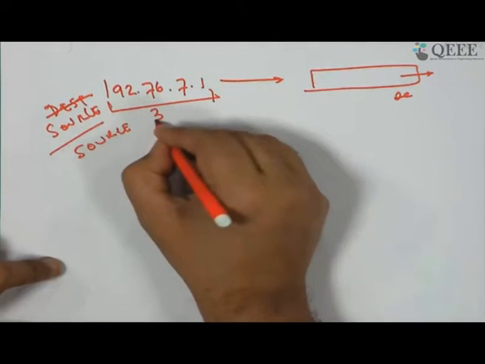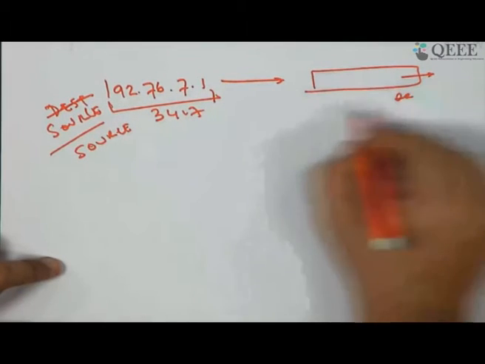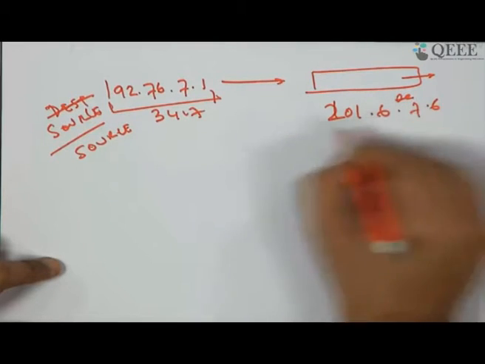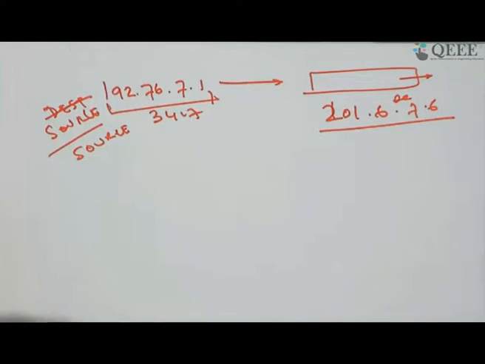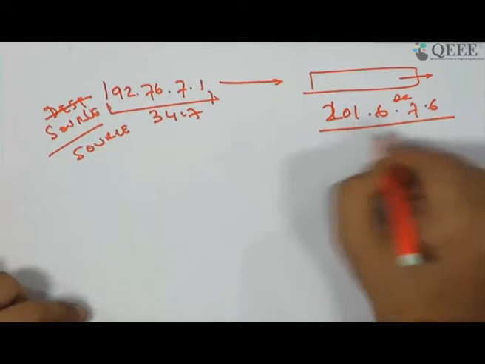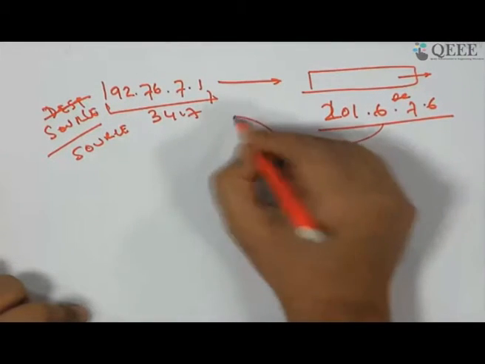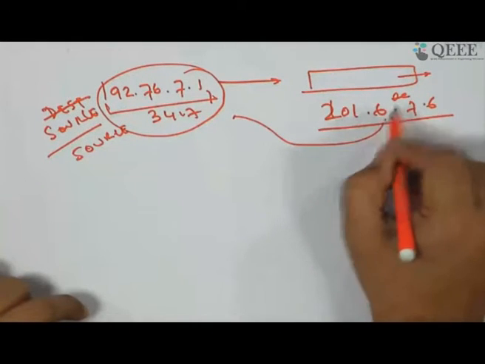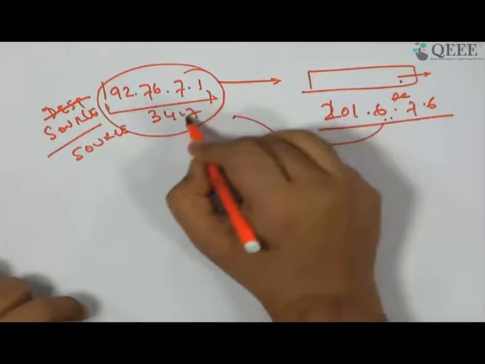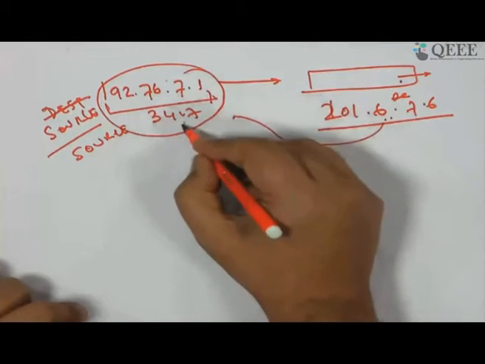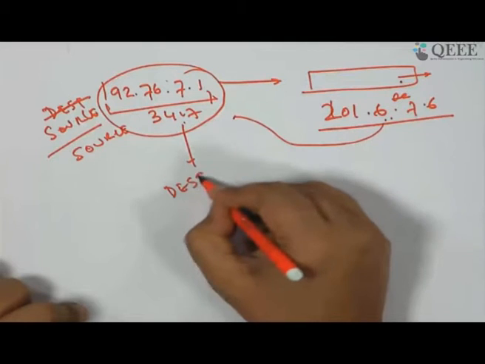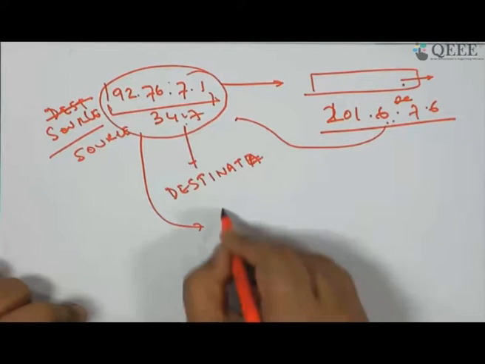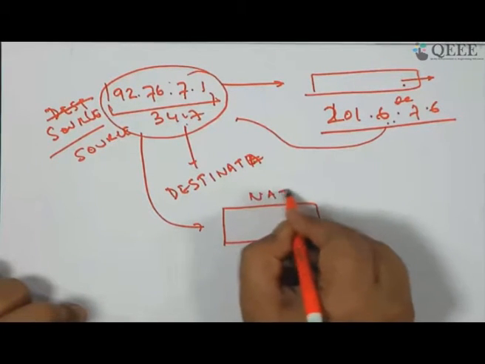Source port is 3417 and there is some destination IP 201.6.7.6. Okay, and after coming back, this server sends back a packet now with this as destination, and with this as destination it comes to the NAT box.